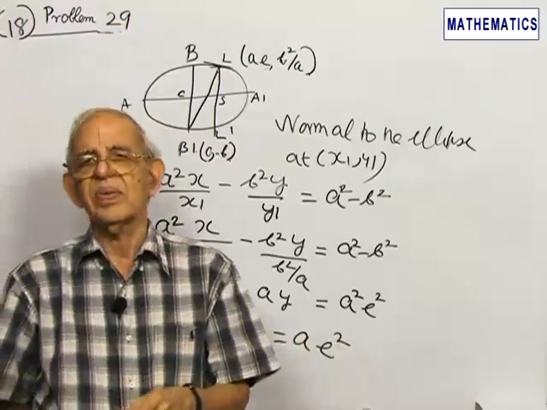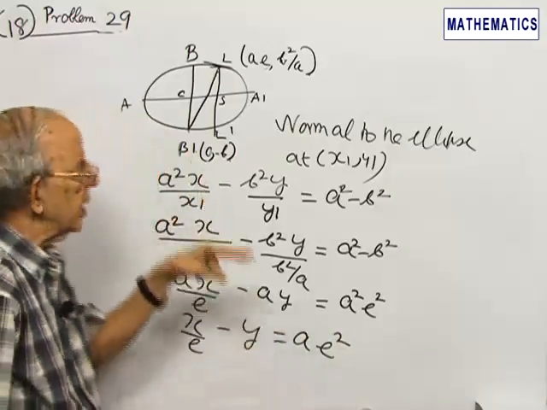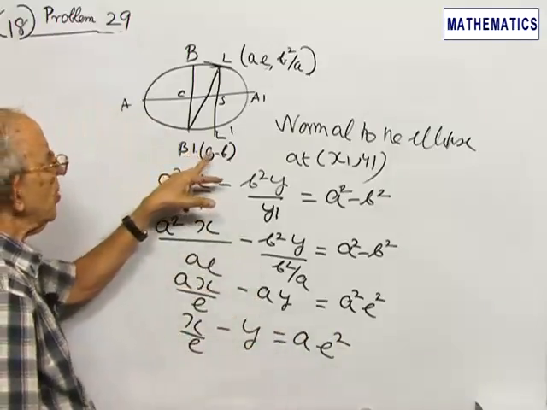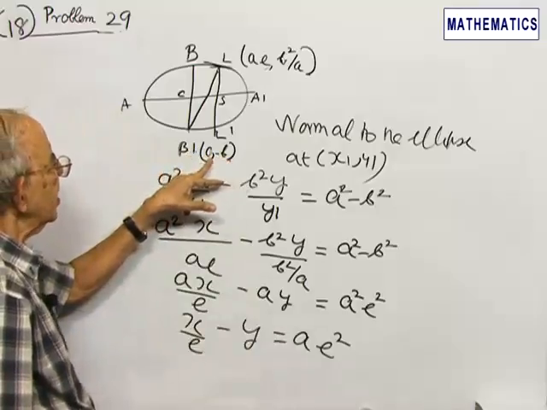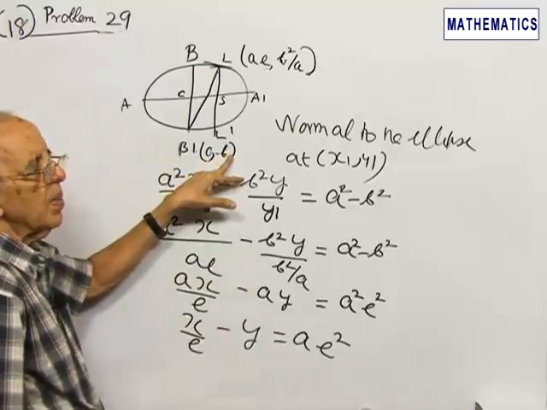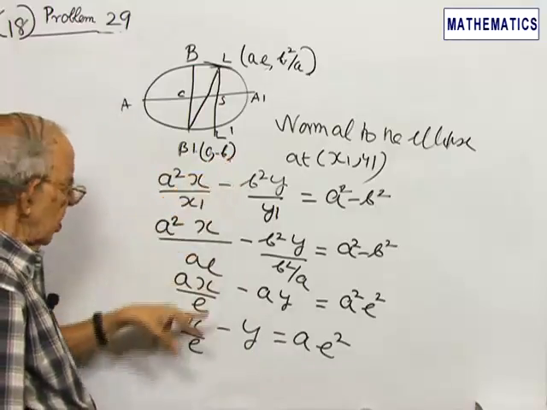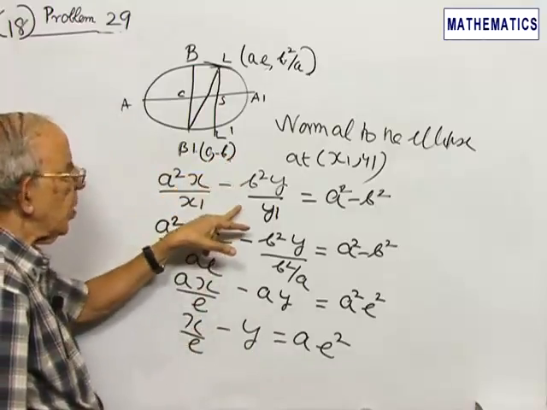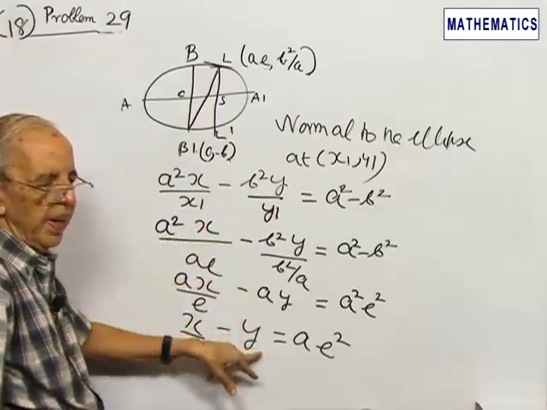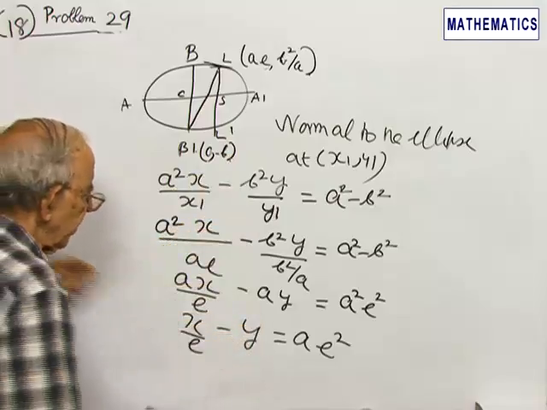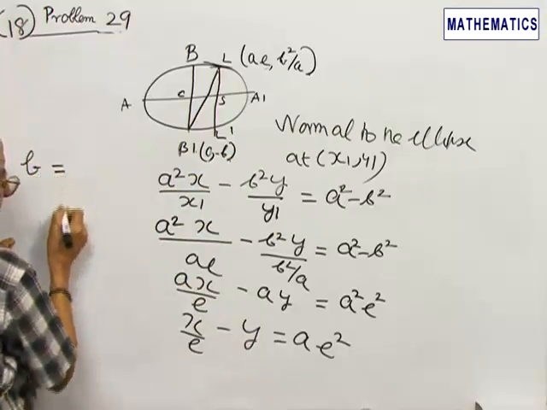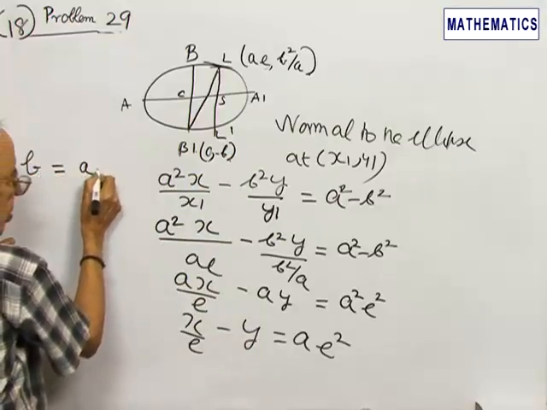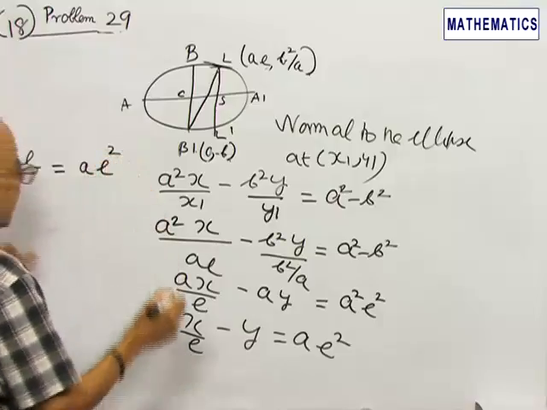He says that this normal passes through b dash, whose coordinates are 0, minus b. So put x equal to 0, y equal to minus b in this relation. I get plus b equal to a e squared.